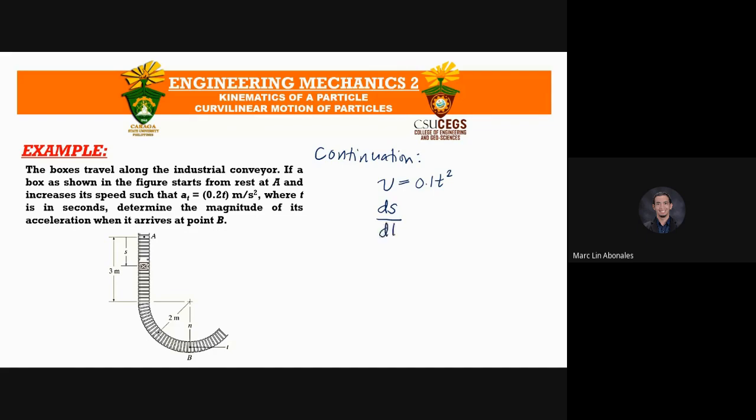That is the derivative of the path with respect to time, equal to 0.1 t squared. If we cross multiply, that would be ds is equal to 0.1 t squared dt.